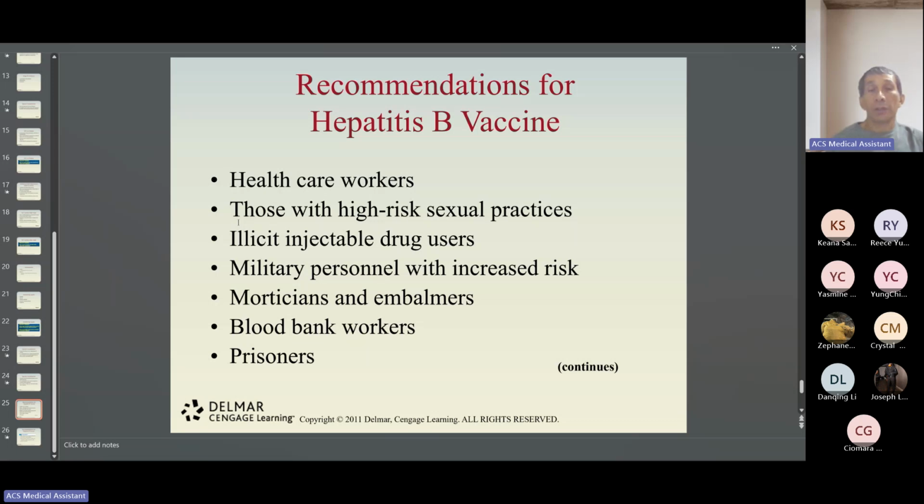And remember, you can get it through a needle stick. You're going to be working with patients that might have hepatitis B, and if you get poked, you get in contact, you get exposed to somebody else's blood, you're going to develop that.